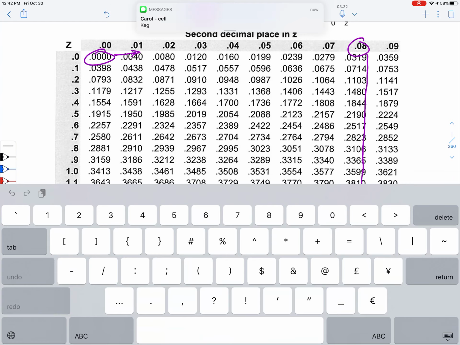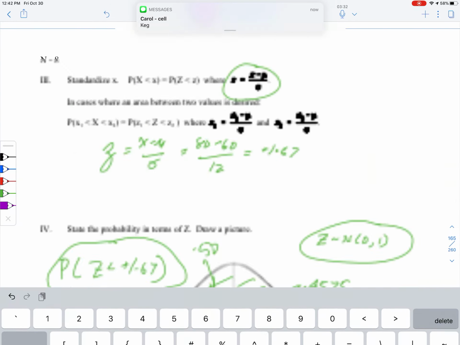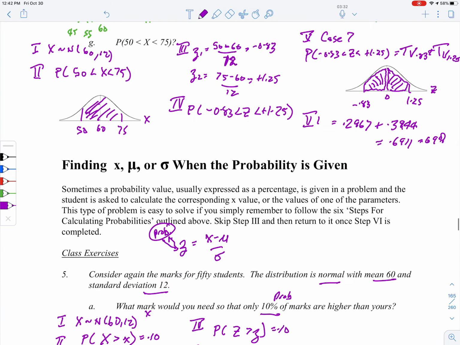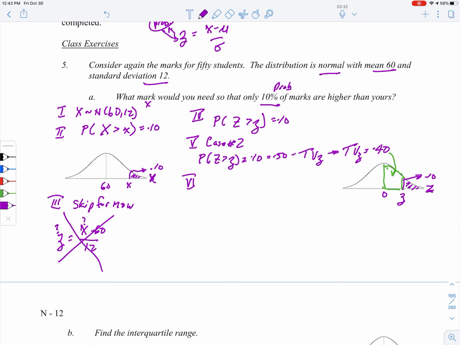So let's go back to where we were. And so what we've got here then is that table value is equal to 0.40. So that gives us then a z equal to 1.28.